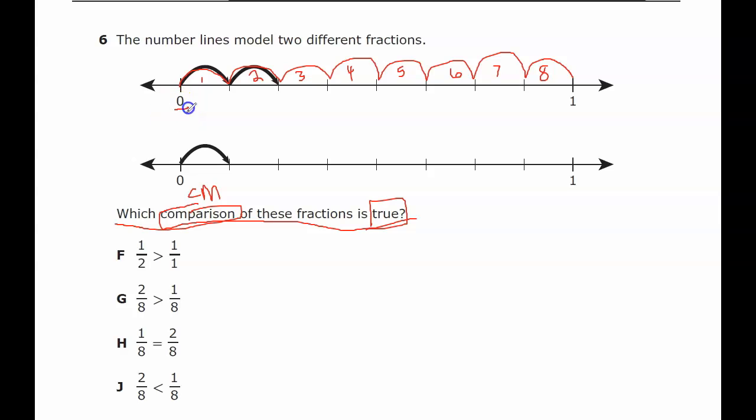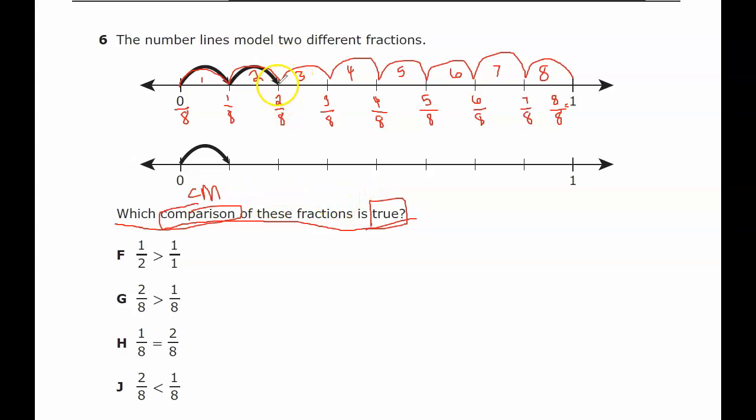So my denominator is going to be 8. 0 eighths, 1 eighth, 2 eighths, 3 eighths, 4 eighths, 5 eighths, 6 eighths, 7 eighths, and you know that you have it right when you end with the same number on top and bottom, 8 eighths, which equals 1 whole.